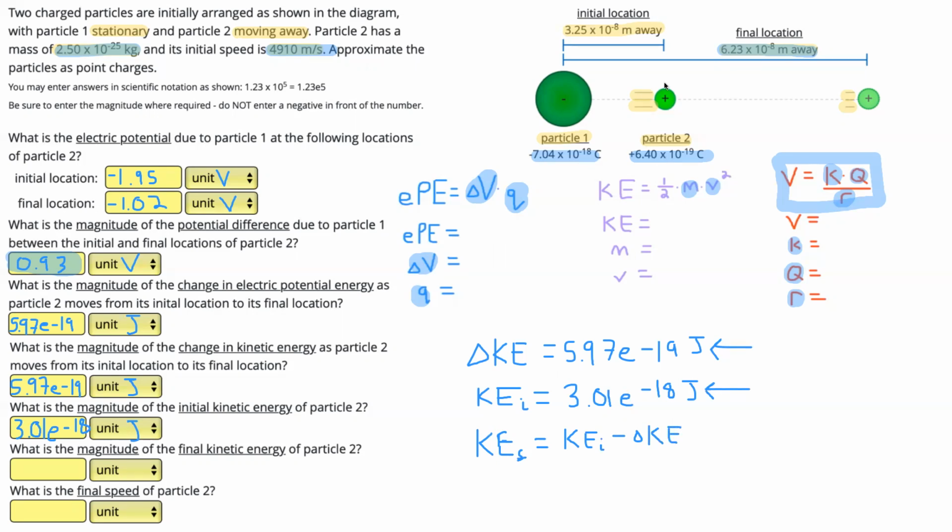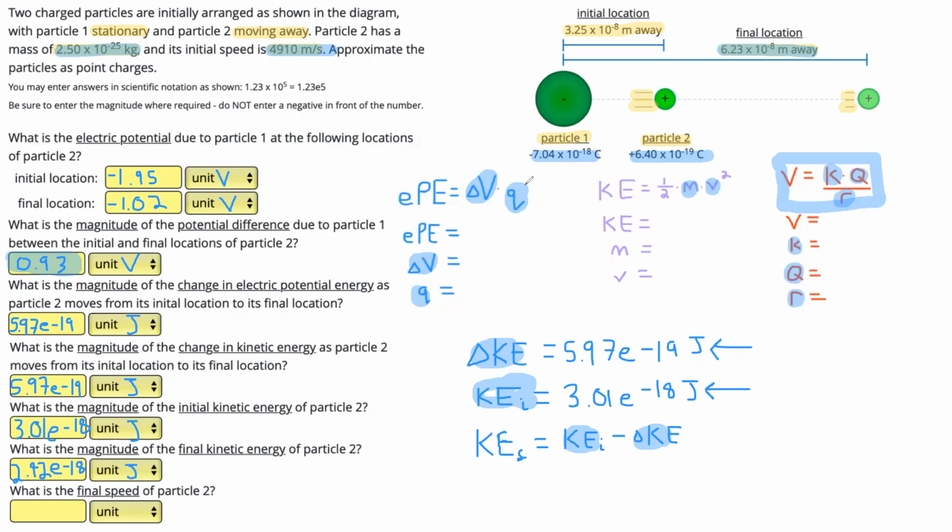So if you put those values for the initial kinetic energy into our equation and for the final kinetic energy as well, we can calculate out our final kinetic energy, which is 2.42 times 10 to the negative 18 joules.